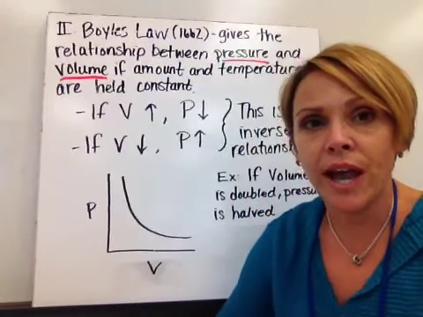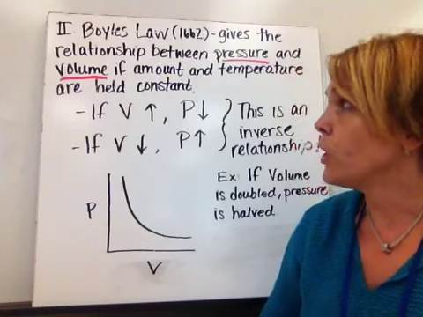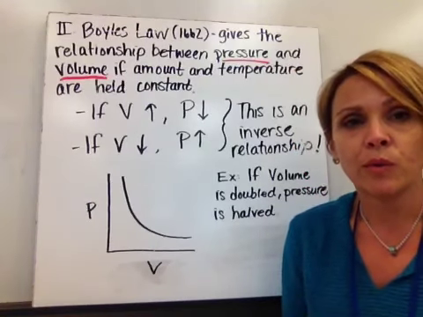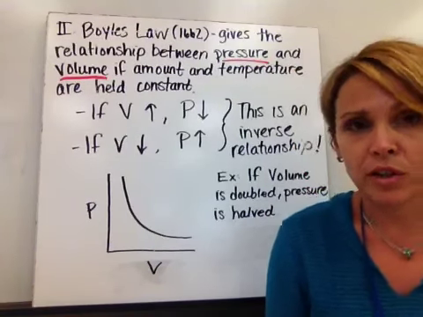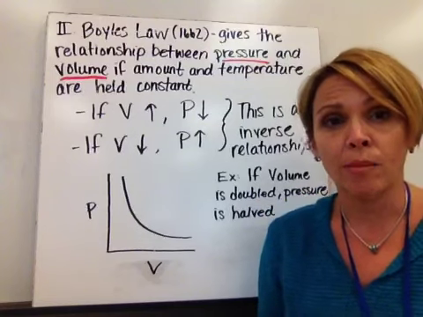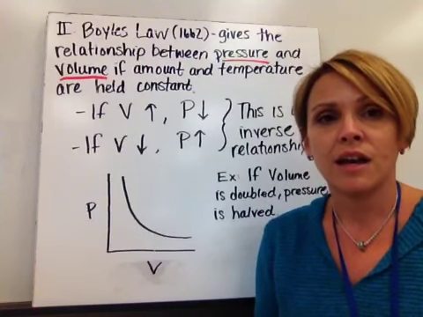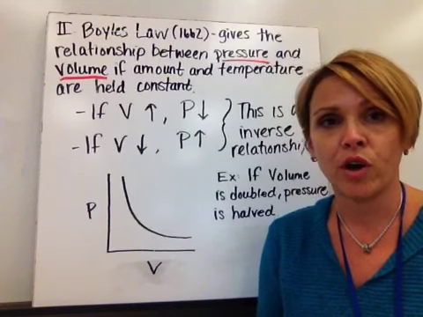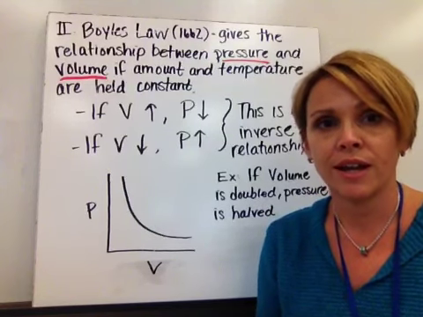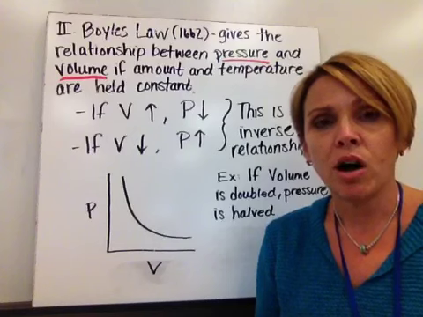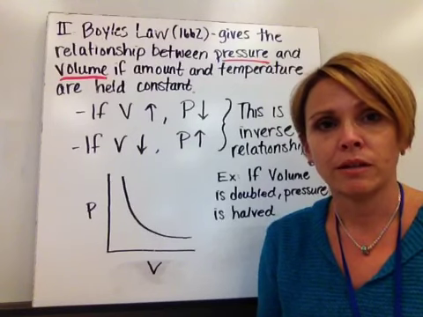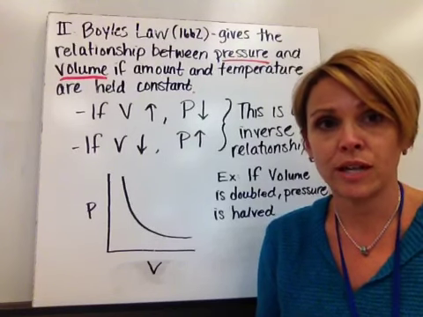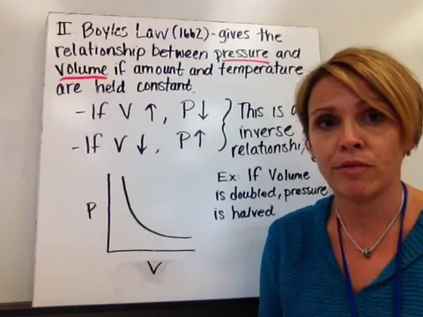Okay, so let's look at the first law regarding gases. Now, one thing I want you to understand about a scientific law is that it is a law because we see the relationship between the 2 variables involved in the law over and over and over again. And so a law is all about just describing phenomena in the universe. And so Boyle's law is an example of that.